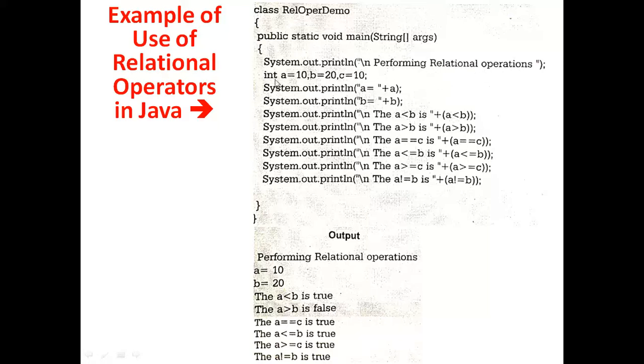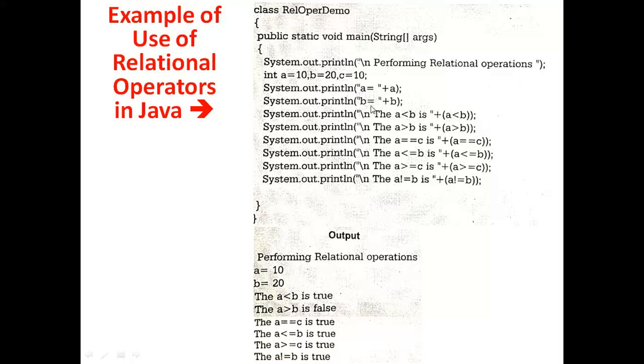Again I have declared three different variables of integer type, A is equal to 10, B is equal to 20, and C is equal to 10. And I have displayed the values of the A and B variables by using system.out.println. Therefore, the console displays A is equal to 10 and B is equal to 20.